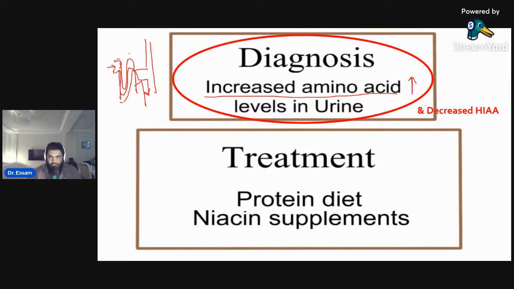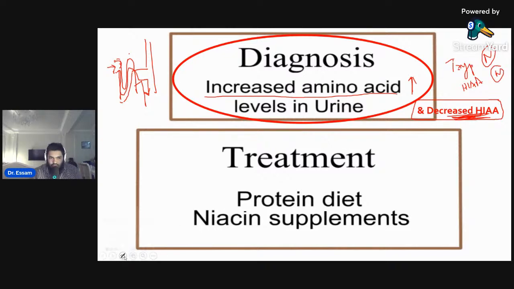Second way of diagnosis is there will be decreased HIAA, hydroxyindole acetic acid. So this will be decreased. Why? Because if tryptophan was present in normal quantity, then HIAA in the urine is present in normal quantity.